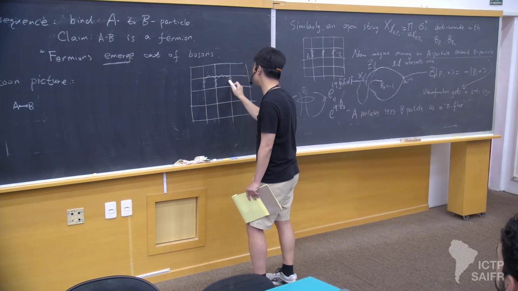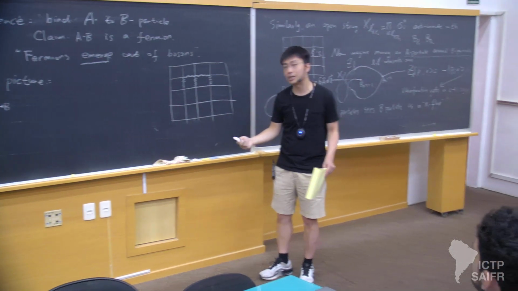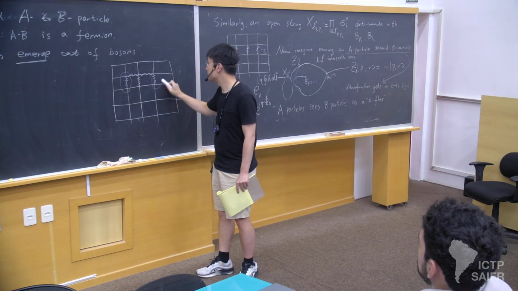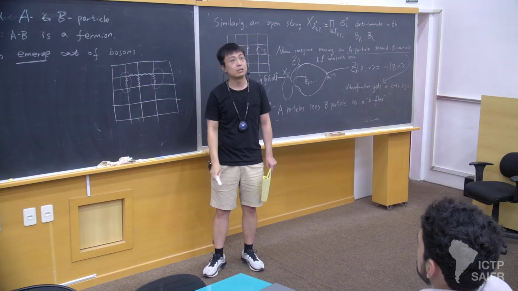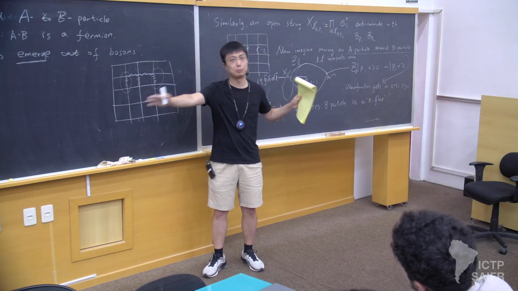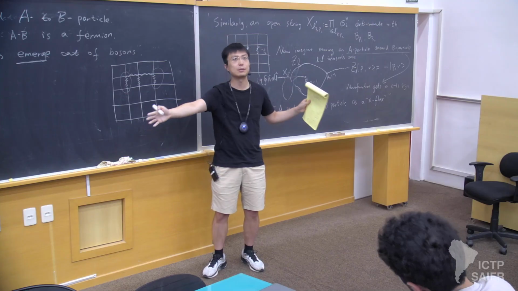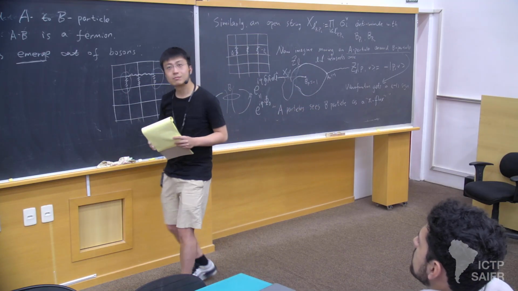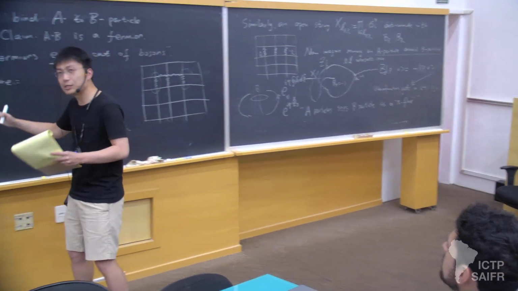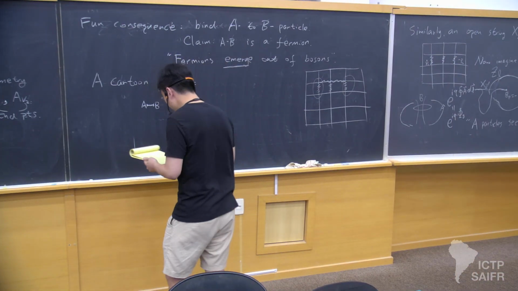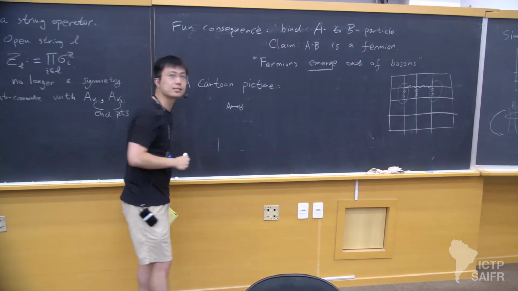So you can literally put the two strings side by side, and then at the endpoints you do get this combination of A and B. In case you think things look abstract, just literally put it on the square lattice, put the two strings side by side. Everything I said will be applicable. But now let me just draw the cartoon. Let's not worry about details of how they look on the lattice. So you have an A particle put side by side to a B particle.